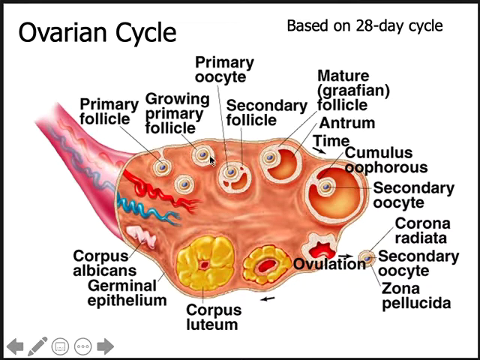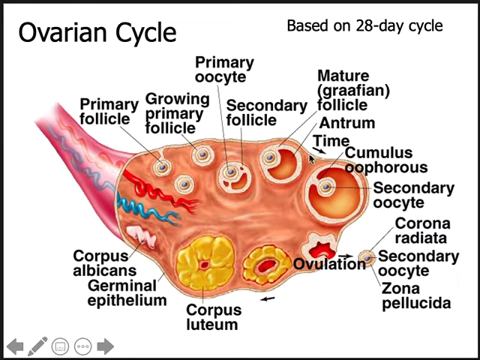Okay, then at puberty, a couple will start to grow. And so now you have a primary oocyte, but it's referred to as a secondary follicle because it's been growing. Now I do have these steps typed on the next set of slides, so don't worry.